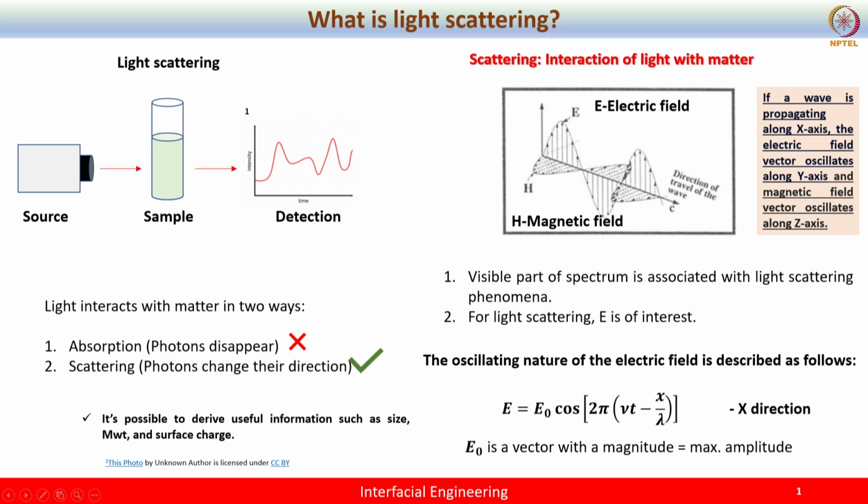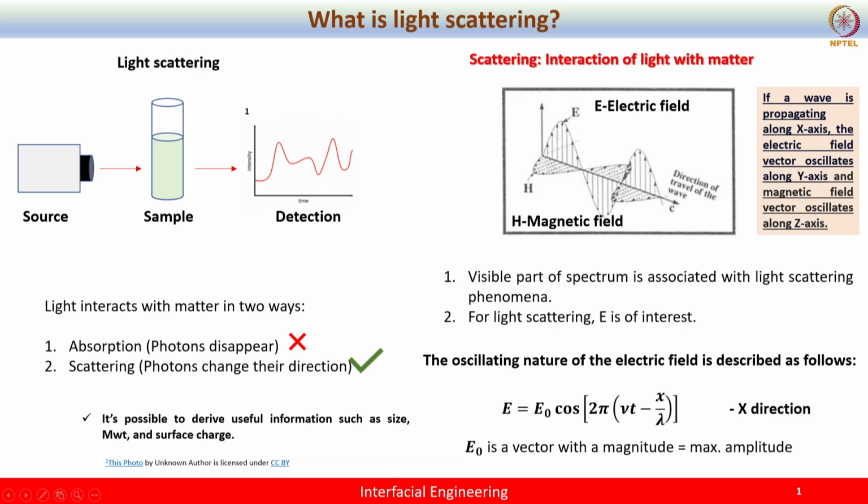Let's say you shine a light; how matter interacts with the light depends on several factors. Particle size is one of the important factors, and then we have the wavelength of the light, which tells us the wavelength at which light was shined, and the refractive index, which tells us how light is diffracting.